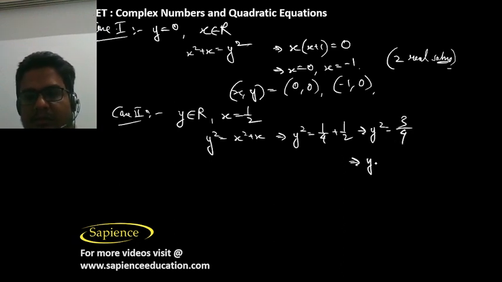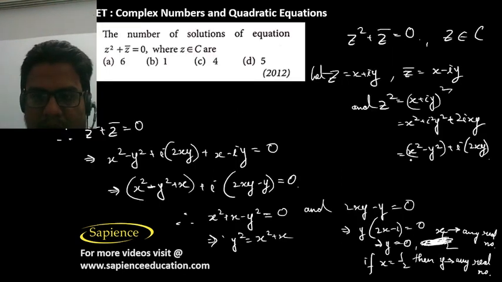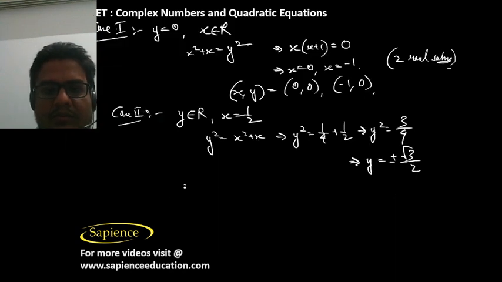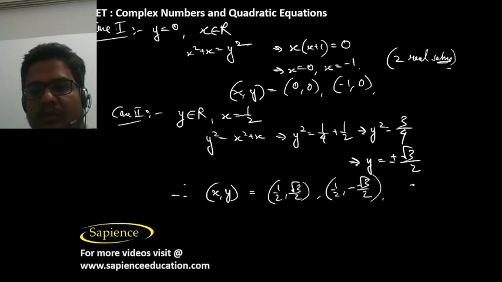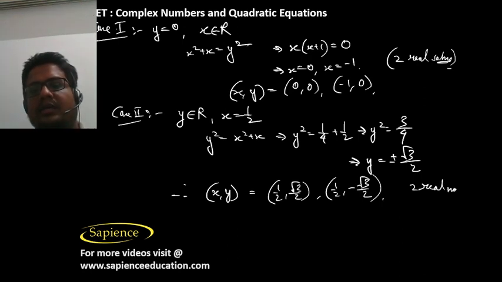That means y should be equal to plus or minus root 3 by 2. So therefore here the set of solutions we can have two real solutions which are half comma root 3 by 2, or half comma minus root 3 by 2. So here also two real solutions in case 2.